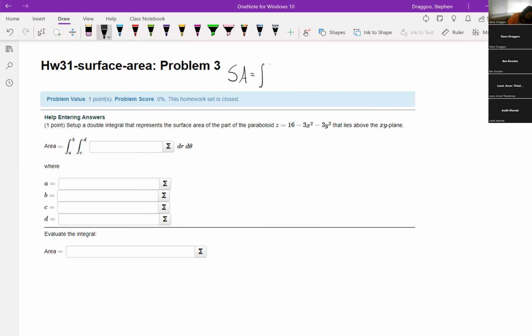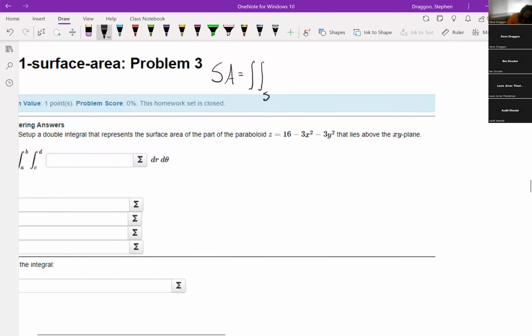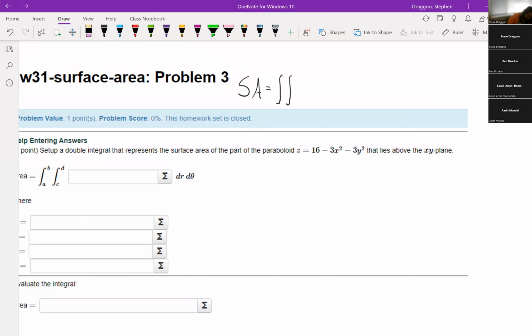So I'm going to want the double integral over some surface S. The difference between a surface and a region is that a region is a flat 2D shape in 2 space, a surface is a curved or wavy 2D shape in 3 space. But we want to take the double integral over the surface of a handy looking formula.